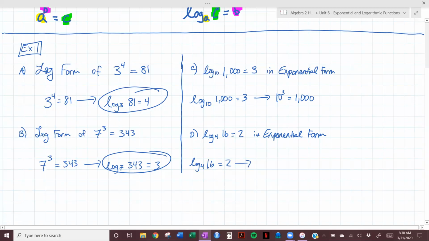So our base is 4, our exponent is 2, and our result is 16. So this is going to be 4 squared equals 16. Okay, those are the answers.